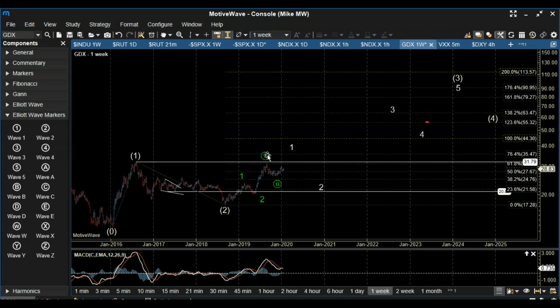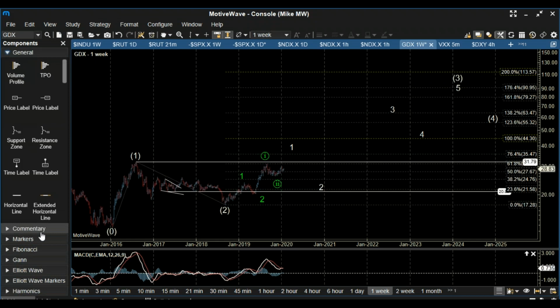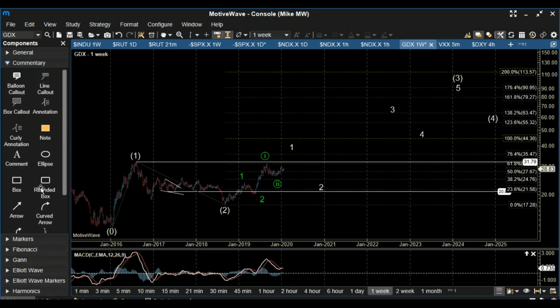I think that's about where we'd be looking for the breakout to occur, which is a 76.4 extension of our wave 1. And we can really even say 35 to 44. So this is really the upper resistance zone on that.